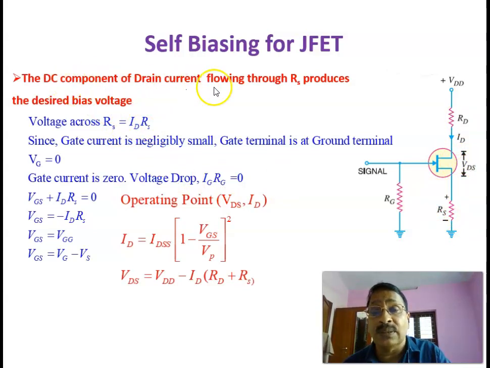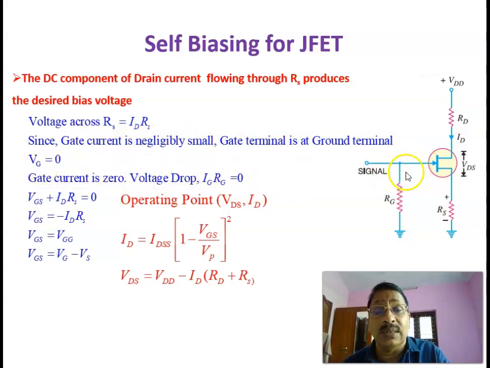The DC component of the drain current flowing through RS produces the desired bias voltage. The drop across RS, due to the DC current flowing through it, produces the required biasing voltage VGS. Since the input impedance is very large, the gate current is very, very small.